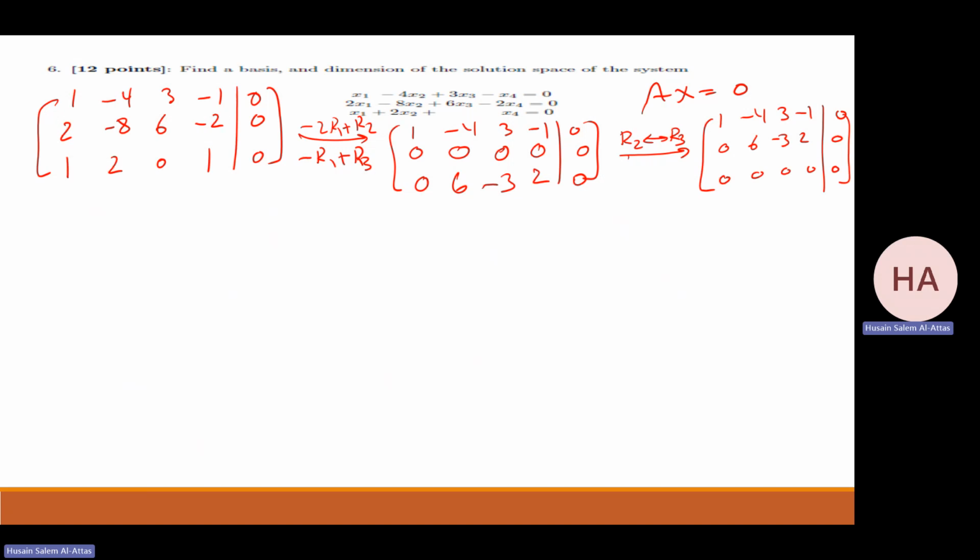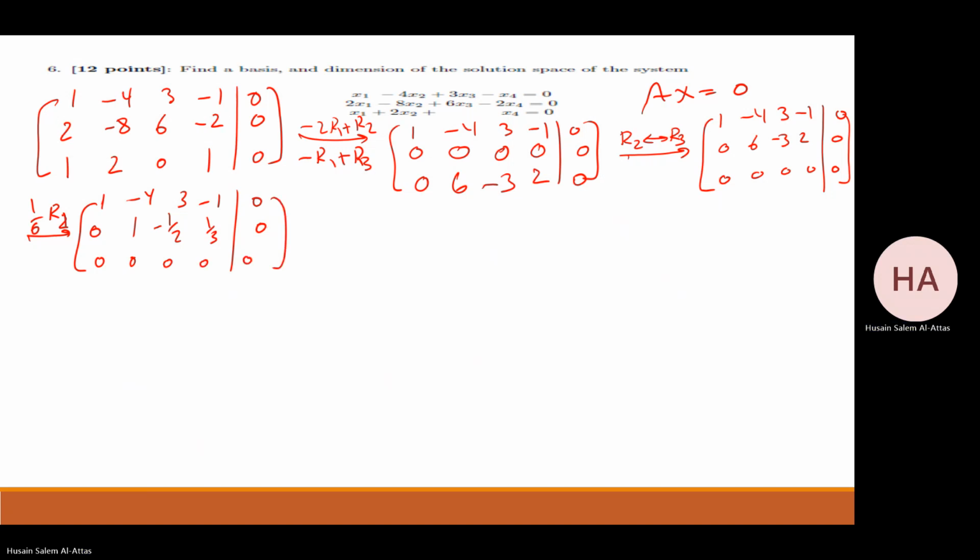Then I can divide R2 by 6 to make the pivot 1, even though it gives fractions. I have 1, minus 1 over 2, and 1 over 3, 0. Now, very clear.